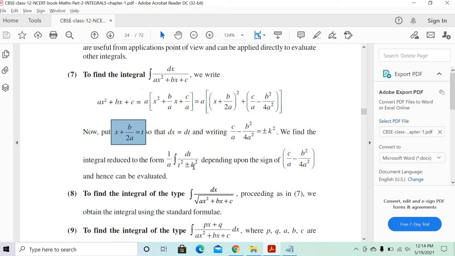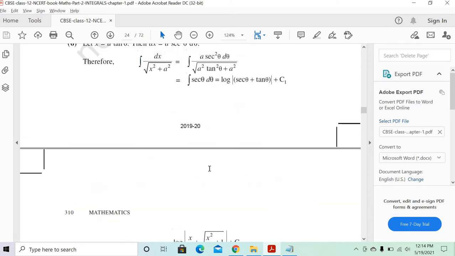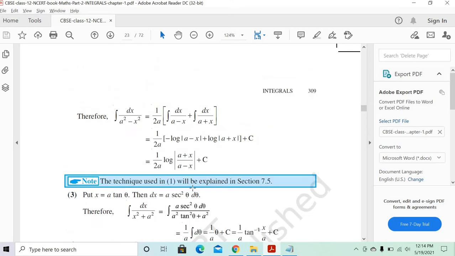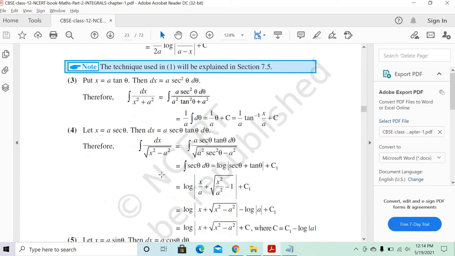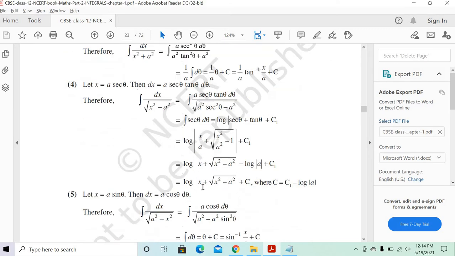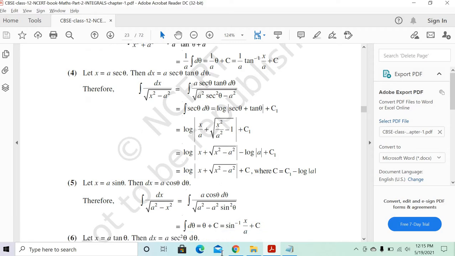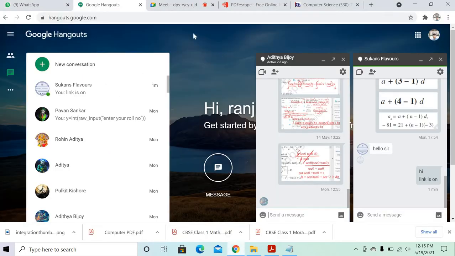Then we can directly apply the formula, because it will come in the form of t square plus or minus k square. That is nothing but your property number 3, dx by x square plus a square, which is in the form of log of x plus the square root of x square minus a square, isn't it?